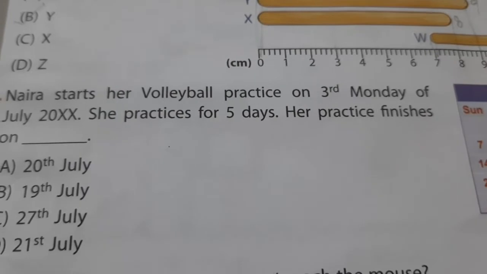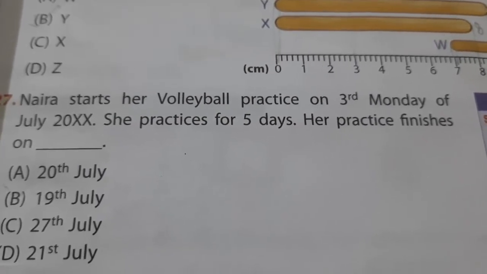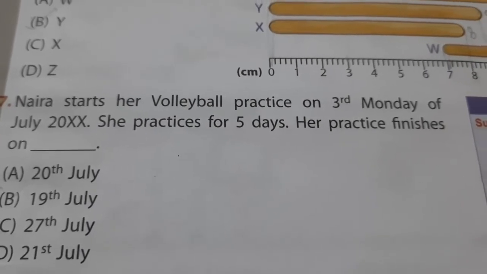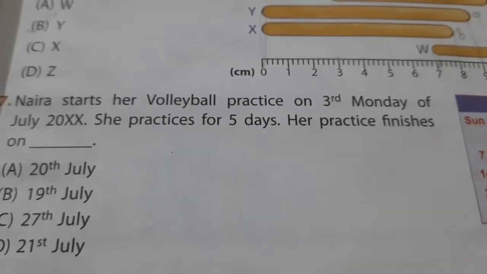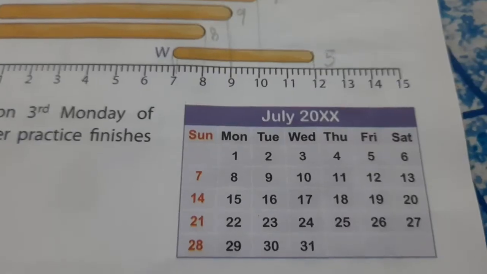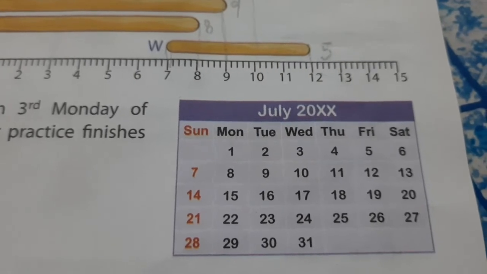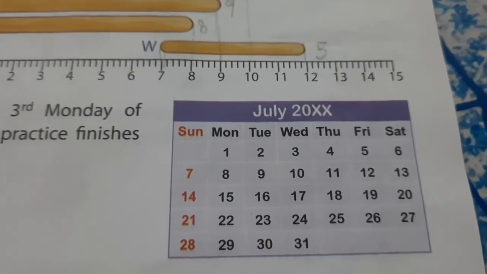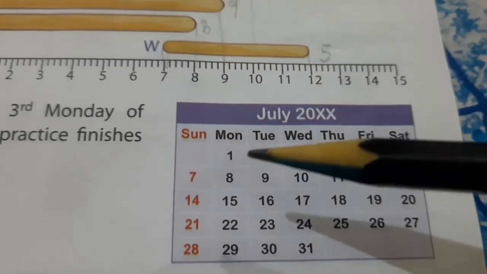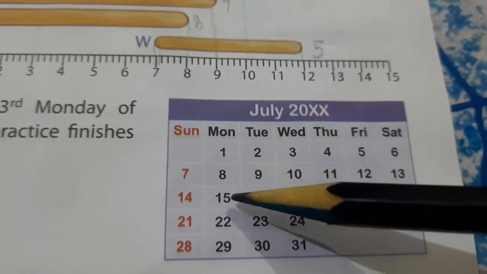Naira starts her volleyball practice on the 3rd Monday of July 20XX. She practices for 5 days. Her practice finishes on dash. Okay, so let us look at the calendar which has been given. The calendar is July 20XX and she starts her practice of volleyball on the 3rd Monday. So let us look at Mondays here. First Monday, second Monday, and third Monday.